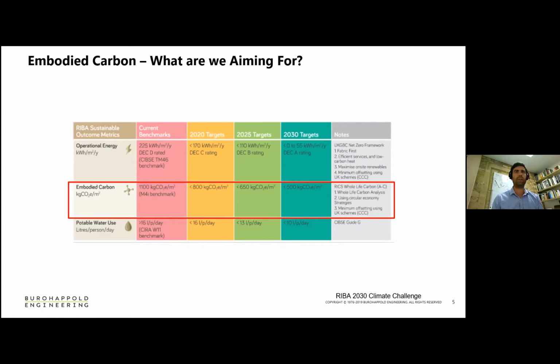We do not have the challenge and the reductions which we need to make road mapped out for us. But our practice has taken this and looked at what we need to do to drive this embodied carbon reduction. But very importantly, this goes hand in hand with the operational energy of buildings.